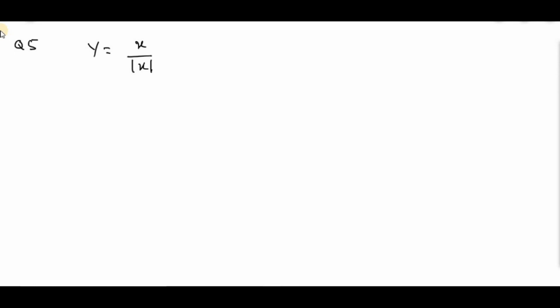Now in this question we have y is equal to x divided by mod of x. Now we know that mod of x is always equal to x, because when we remove these vertical bars it becomes positive. Similarly, if we have a negative value and when we remove this mod we again get the positive value. So we can replace mod of x with x in the function, y is equal to x over x, and this x and this x can be cancelled, so y is equal to 1.